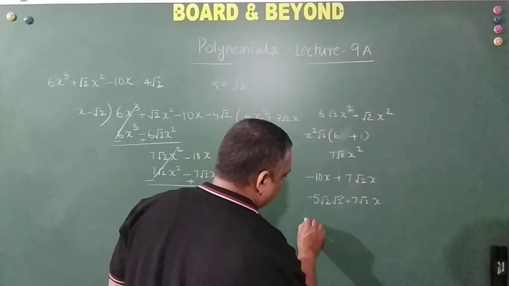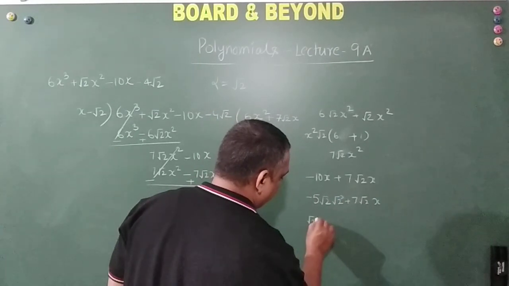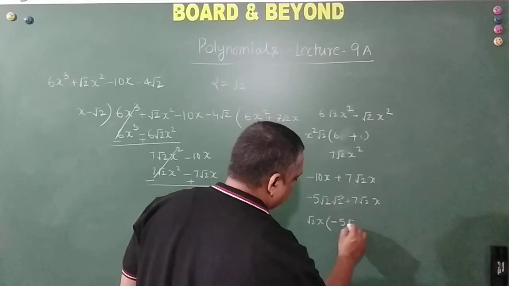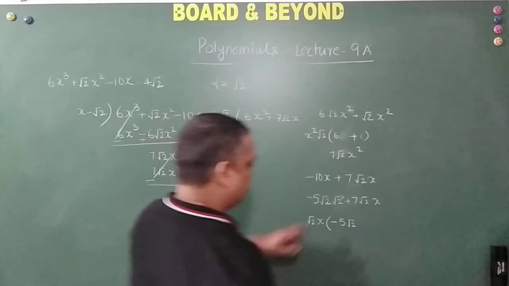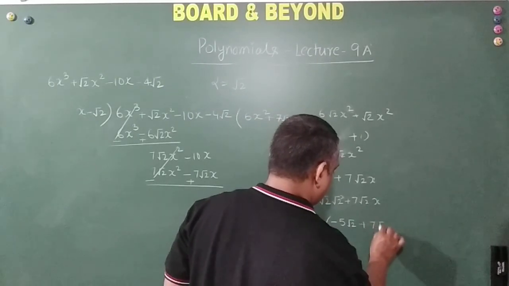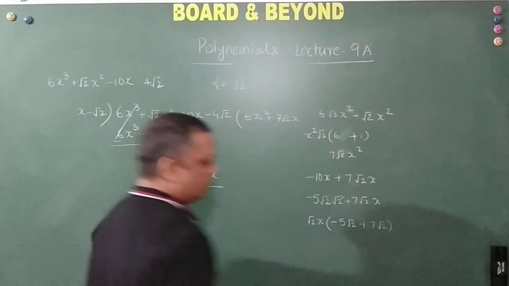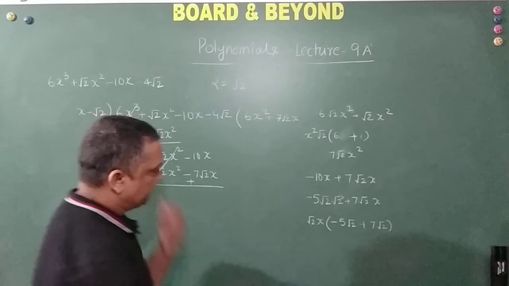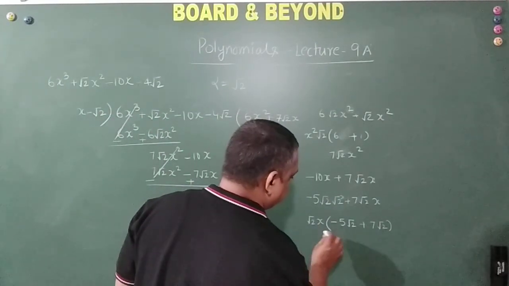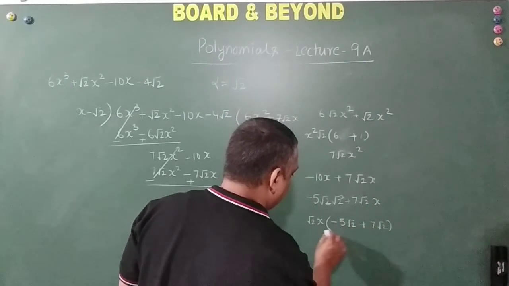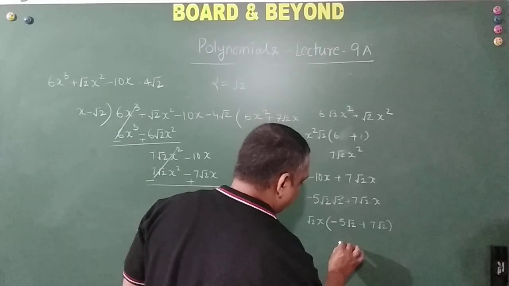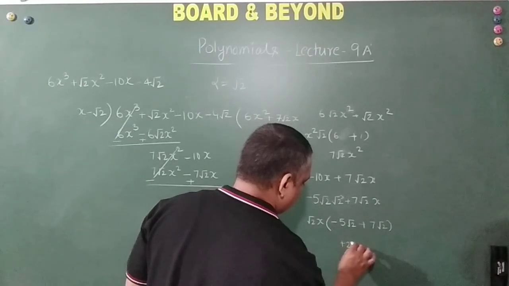Now taking root 2 x common, this leaves me with minus 5 root 2, right, plus 7 root 2. You are all there with me on this? I can take root 2 again common here. So this gives me minus 5 plus 7, which is equal to plus 2.